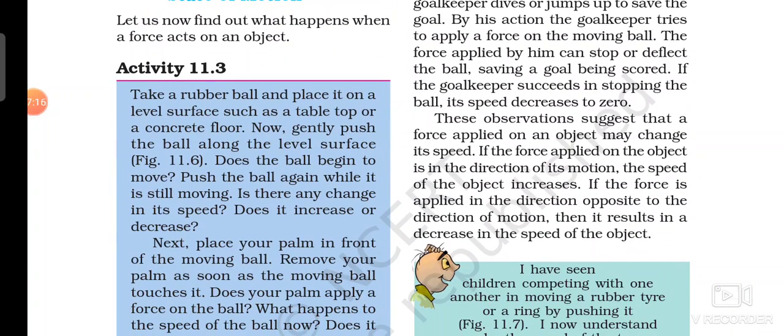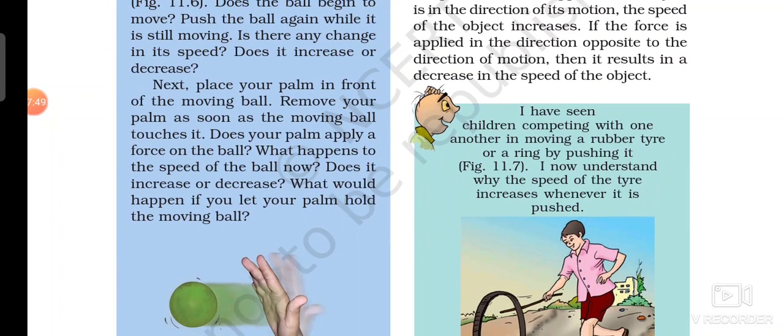Then the next type is we can stop a moving object, right? कोई भी object अगर movement में है, by applying force on it, we can stop its movement. For example, whenever you are playing cricket, तो fielder क्या करता है? It stops the movement of the ball, right? Ball जो in motion है उसका movement वो stop करता है. Next is force can change the speed of a moving object.